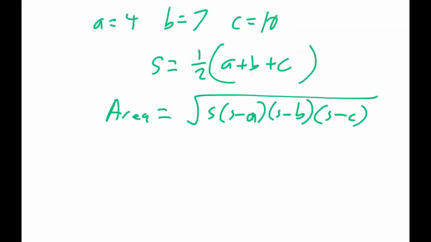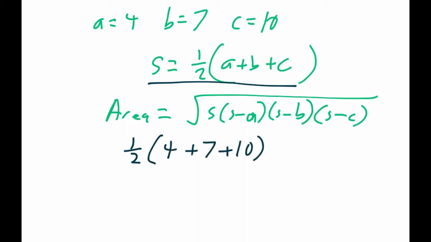Alright, we're trying to find the area here. So the first thing we have to do is find the semi-perimeter, which is 1/2 A plus B plus C. And when I plug that in my calculator, we are going to wind up with 10.5.